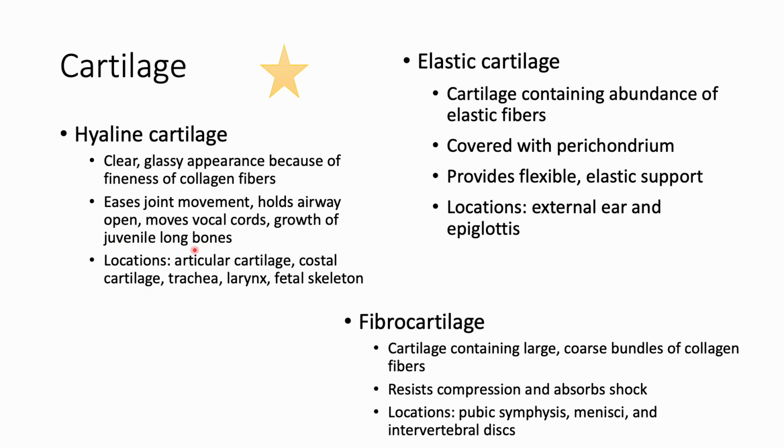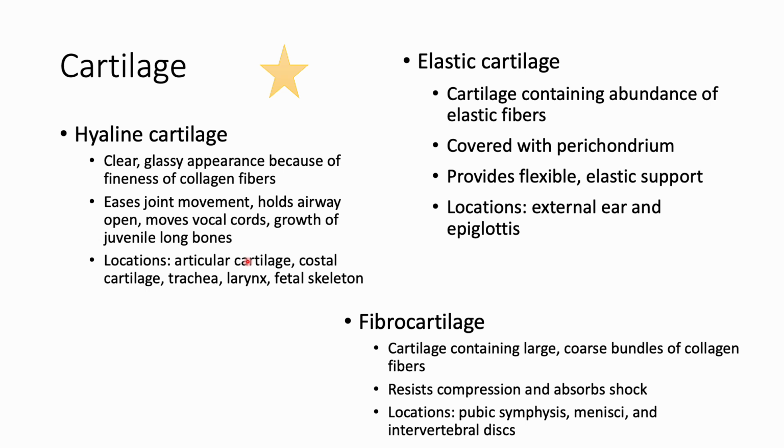So where do we find it? Articular cartilage, costal cartilage, in your trachea and your bronchi, the larynx, your voice box, and the fetal skeleton. What is articular cartilage? Think of, for example, your femur sitting on top of your tibia and your fibula.